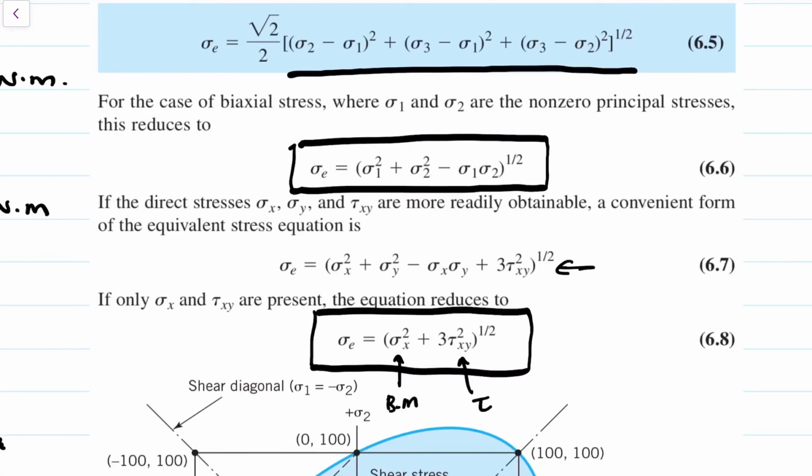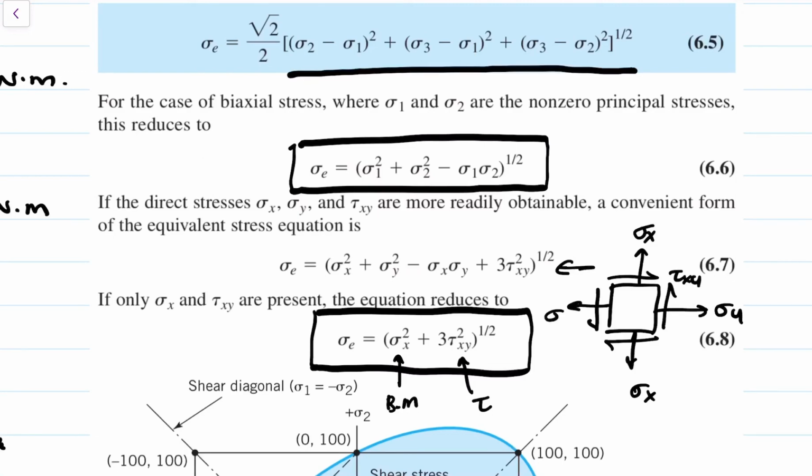This is another form of the equation. If you had, let's say, your critical stress element drawn this way, you had a shear stress, right? And you had a sigma x. This is your tau xy, but you also had a sigma y, right? Then you could use this equation here. So which equation you choose comes down to what you've already solved for.